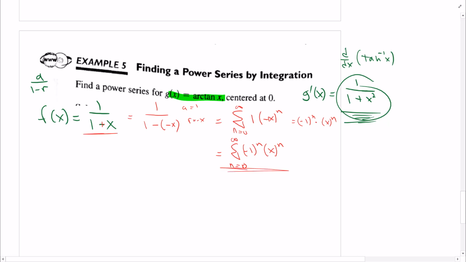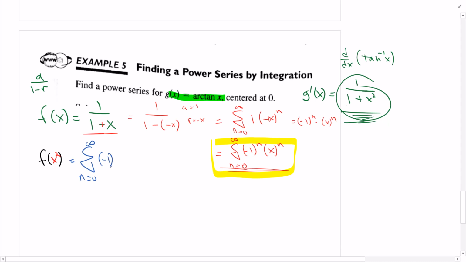And then if we're trying to find this arctan thing, it's 1 over 1 plus x squared. It's basically just this f of x function that we had, except instead of having x, we're going to have x squared. So we're going to take this formula we had for 1 over 1 plus x, and replace everything that has an x with x squared.